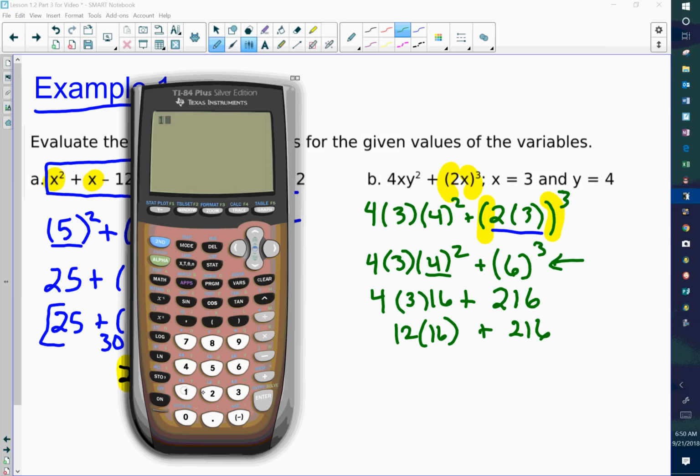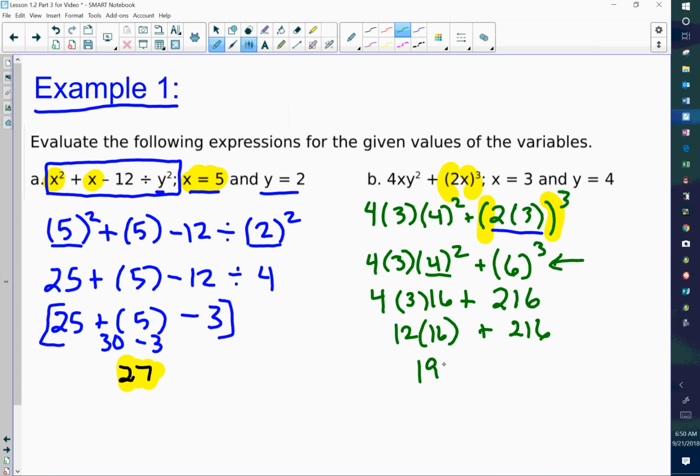So I'm going to use the calculator and multiply 12 times 16 and get 192. 192 plus 216. And then I finish this problem by adding those two together. 2 plus 6 is 8. 9 plus 1 is 10. That's 408. All right, that's evaluating expressions by replacing the letter with the value.